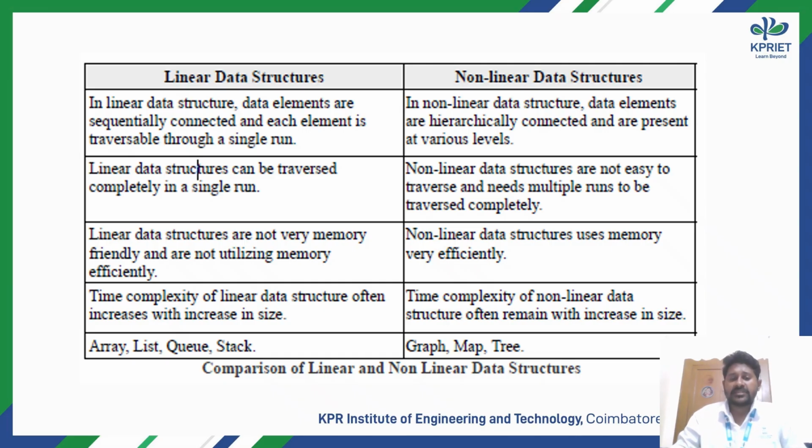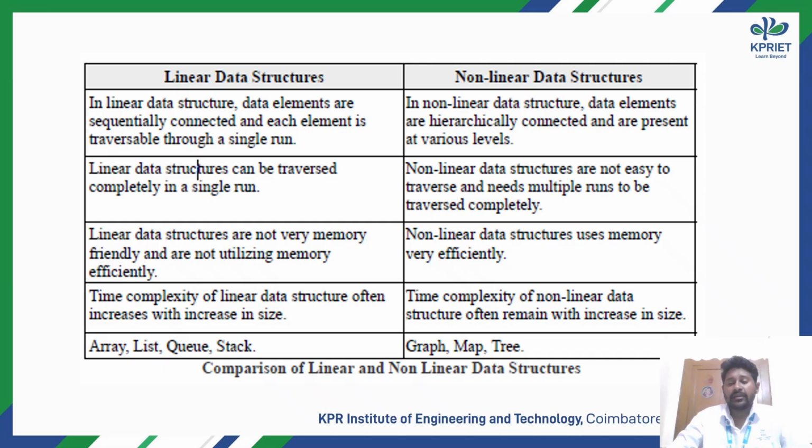And linear data structures are not very memory friendly, and memory cannot be utilized efficiently. This can be explained with the help of the array and graph which I represented before. If we see the array, the numbers 1 3 2 5 4 were there, right? If I want to find 5, I have to run either from the first element, that is 1, or from the last element, 4.